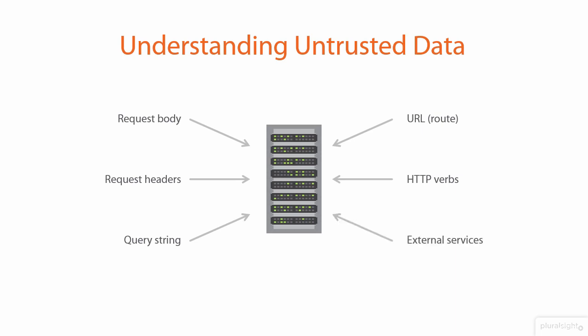And finally, external services. So if a web app is calling out to a service run by some external asset, the data that's returned from that service is untrusted. It could be malicious. So for example, a website makes a request to a web service on a completely different application.